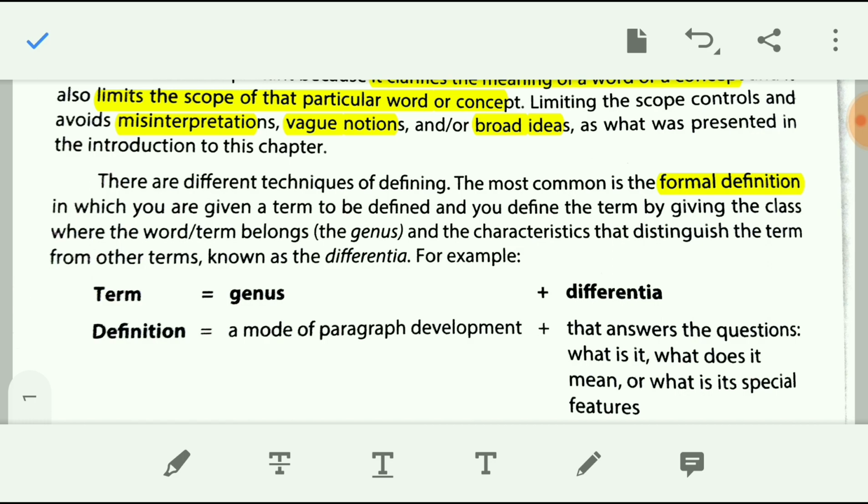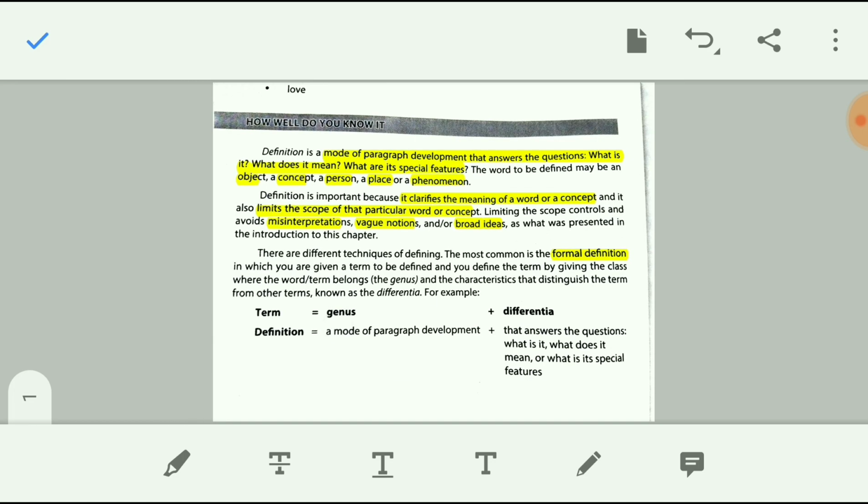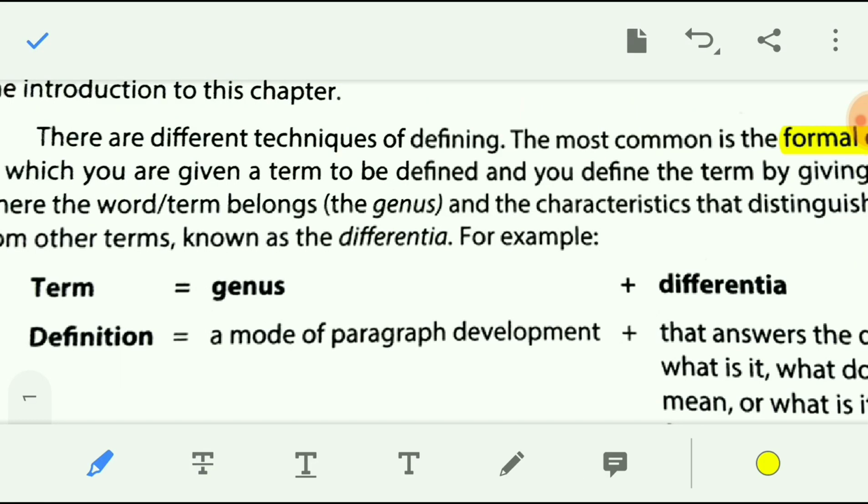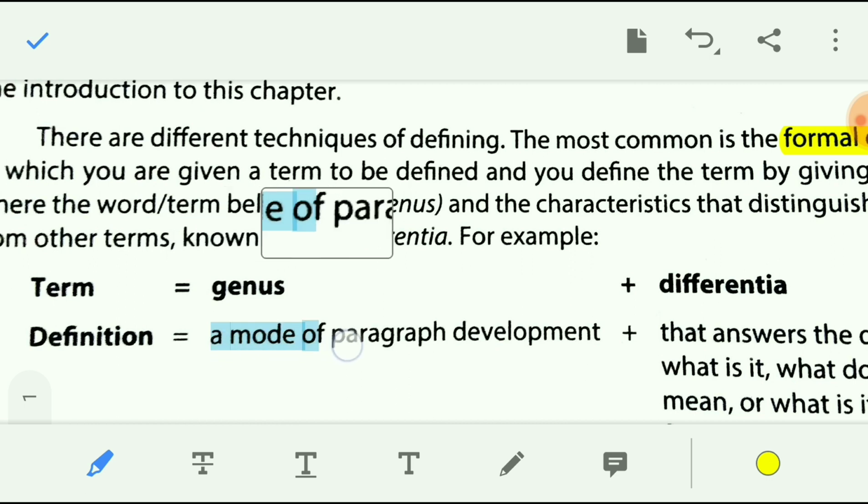The term is definition. Okay, so the term that you see here is definition. And then the genus or the category definition is falling under is the mode of paragraph development. So there are different kinds of mode of paragraph development. Back in reading and writing, you would recall that you have a description, you have narration, and so on and so forth.